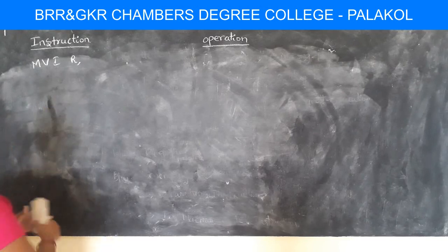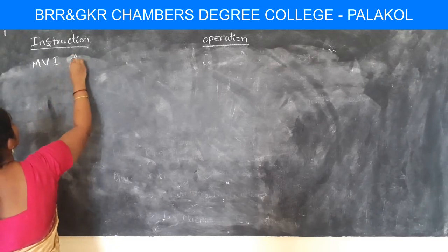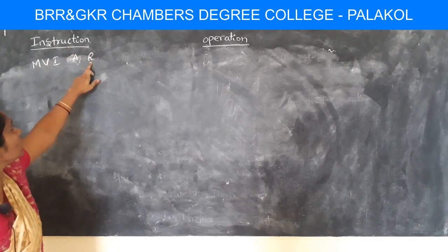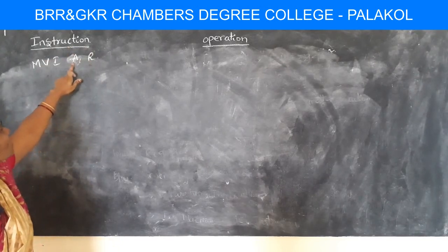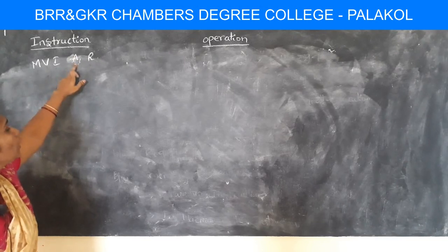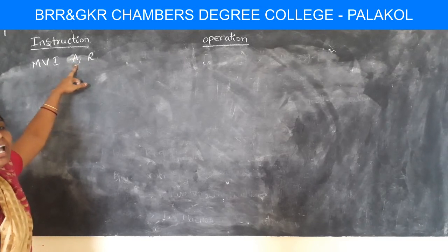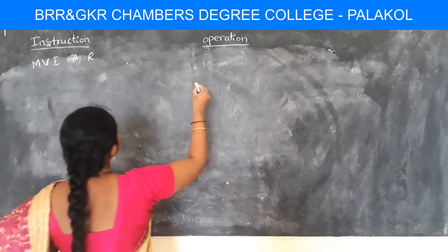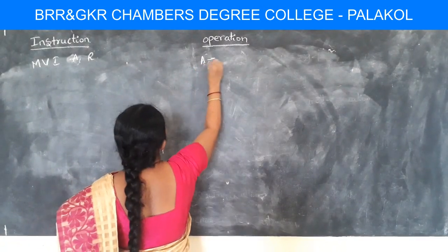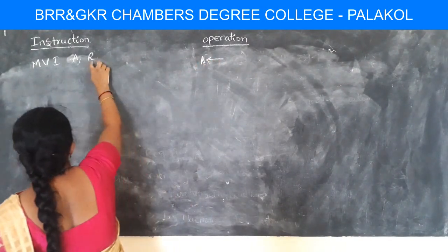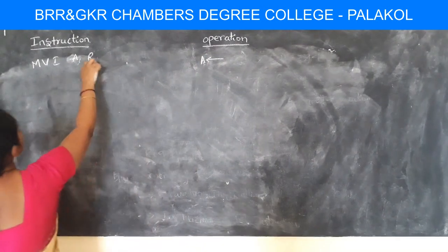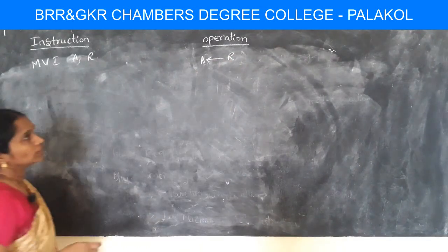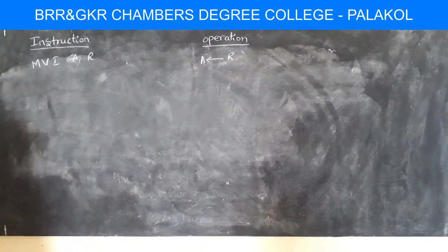Here the instruction is MVI A comma R. That means whatever contents are there are copied to this accumulator. Here A is nothing but the accumulator. So those are moved to this accumulator. This is the operation of this instruction.